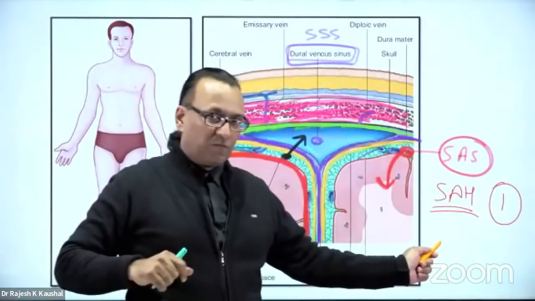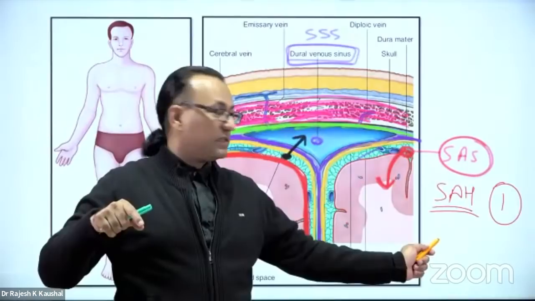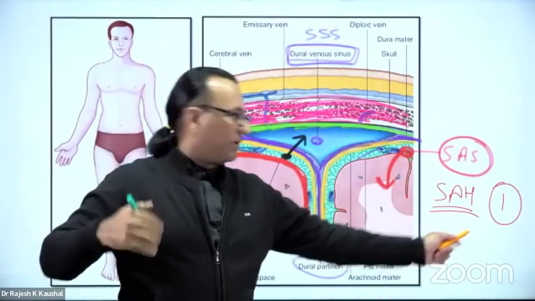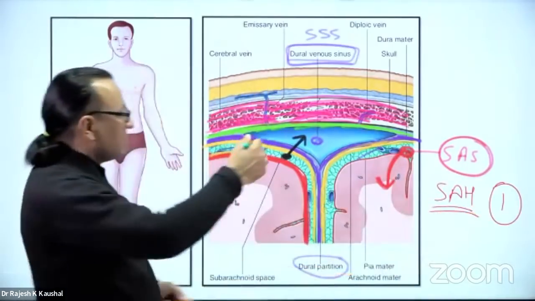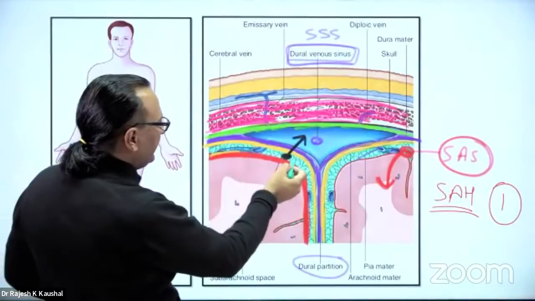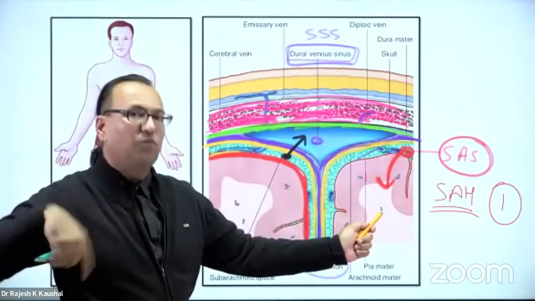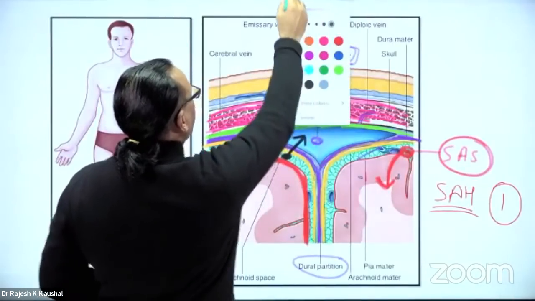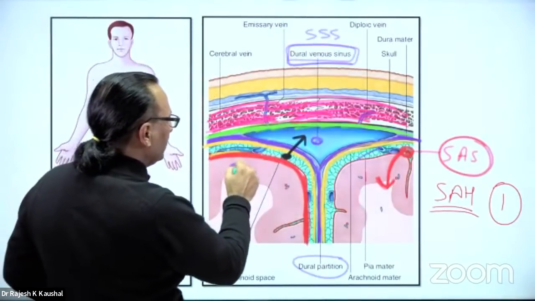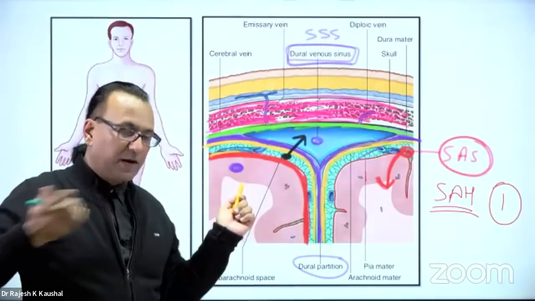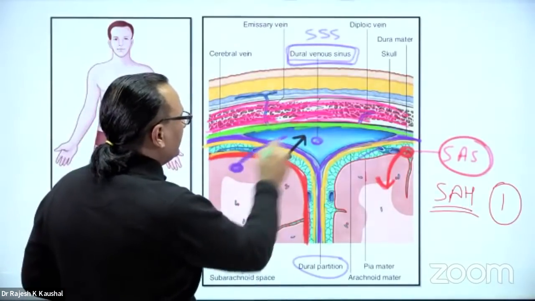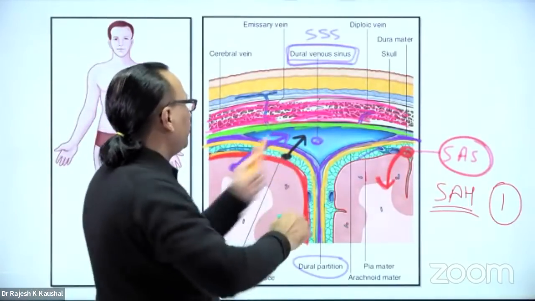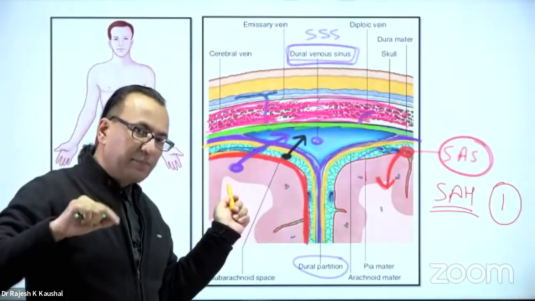Number two, we have already discussed, but let me go backwards. So this is number one. Number two, there are arteries coming here, and veins will also go. As the veins are going, let us say the brain is draining venous blood into the dural venous sinus, and let us assume this is the superior cerebral vein.